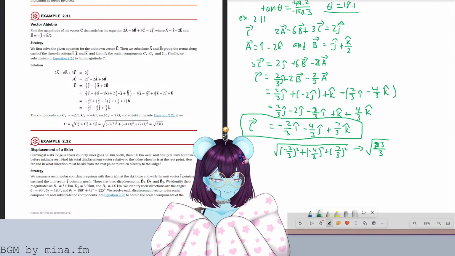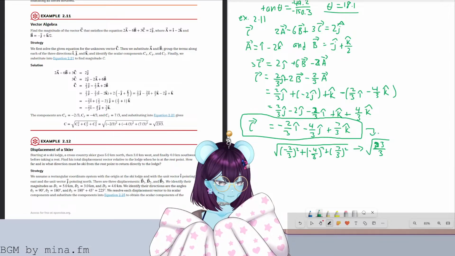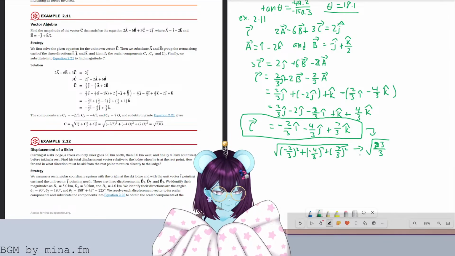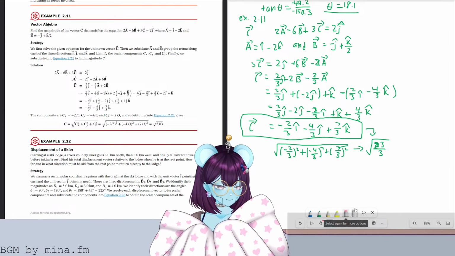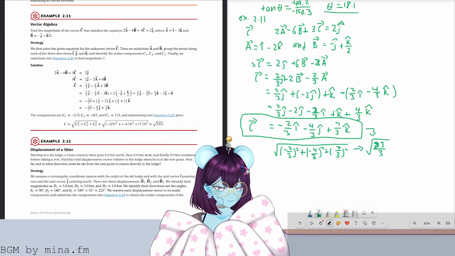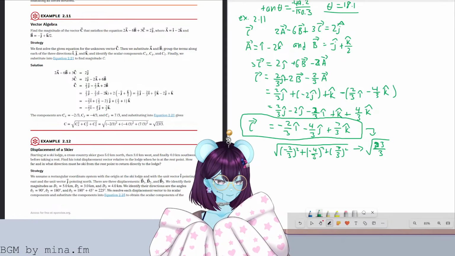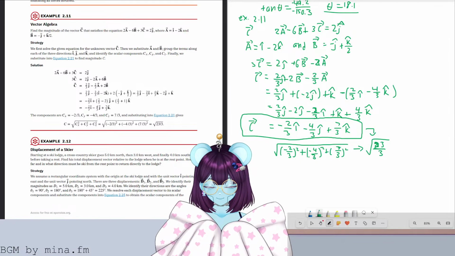But yeah, that's the hardest part of this question. And just remembering that to find the magnitude, you can just use the Pythagorean theorem twice, or the equivalent of this equation here, to get that magnitude.